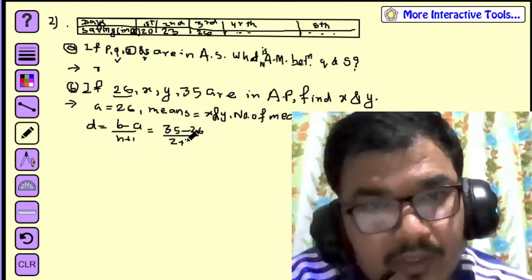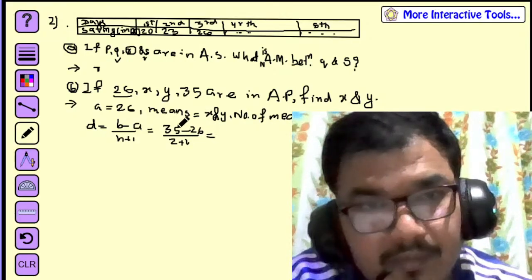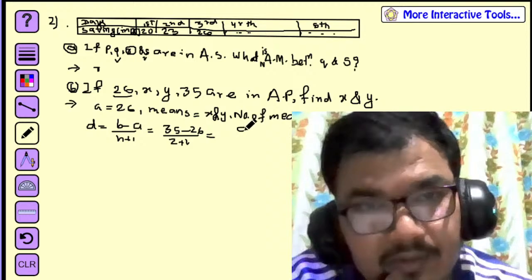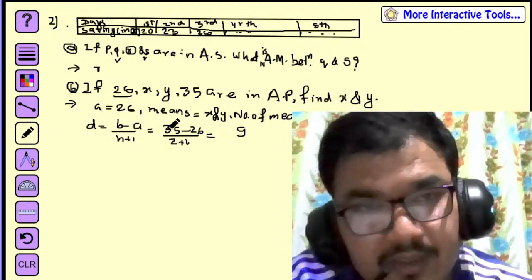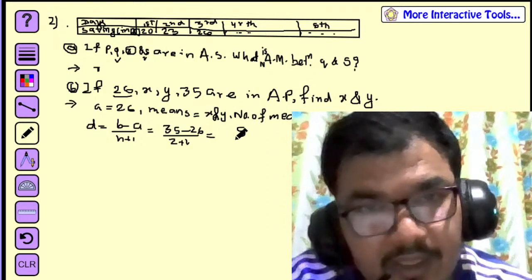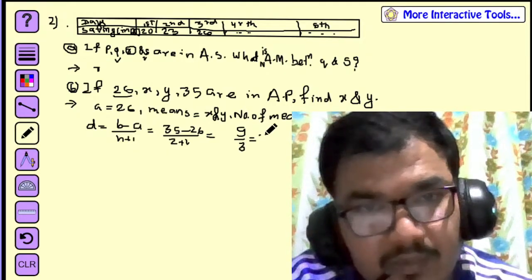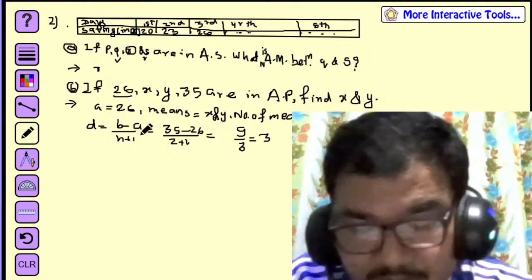When you subtract, 35 minus 26 is 9, and down there is 3. So the common difference comes to 3, since 3 times 3 is 9.